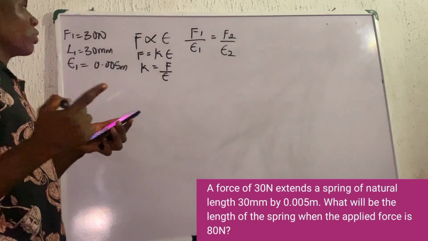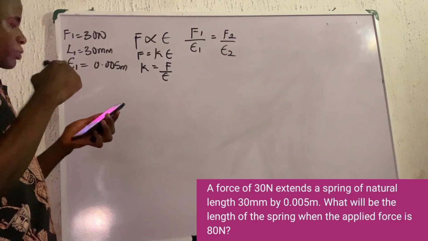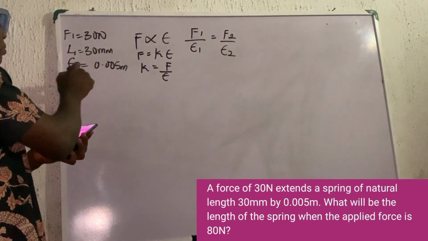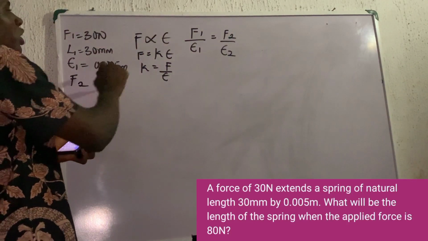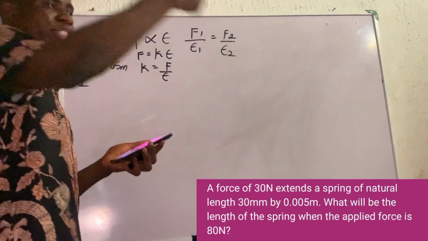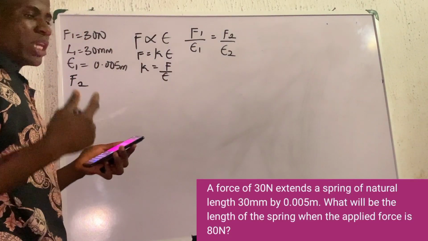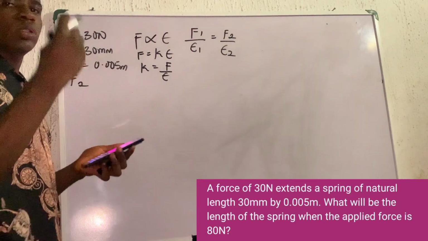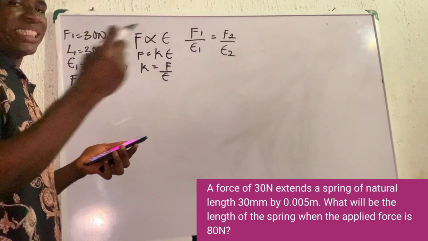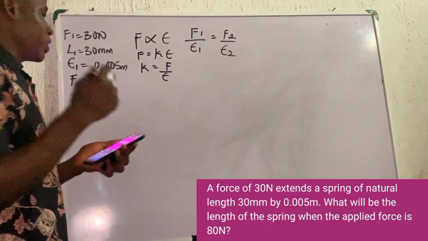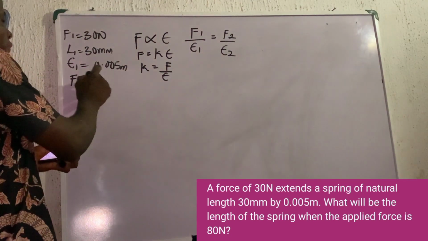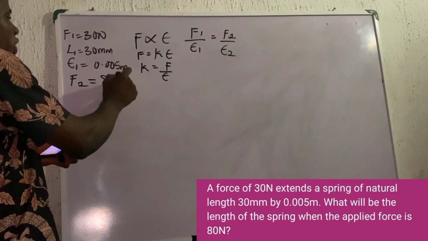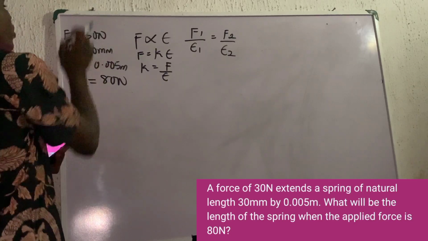It's actually simple. The first thing we are to do now is to just substitute the values. When we get the second extension, we all know that extension is equal to new length minus original length. So the new force is 80 Newton, which is what they gave us in the question.